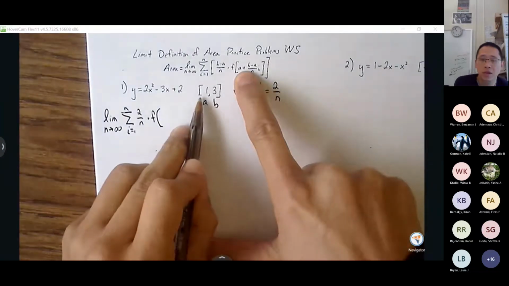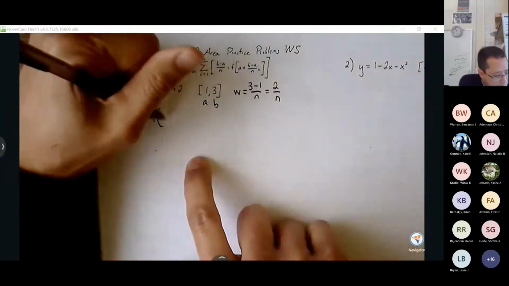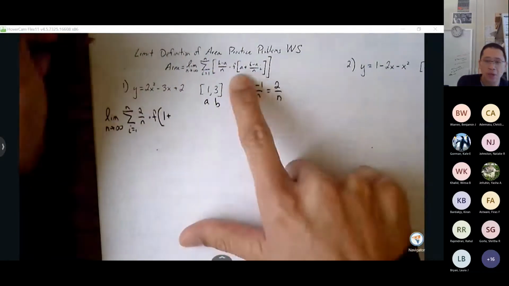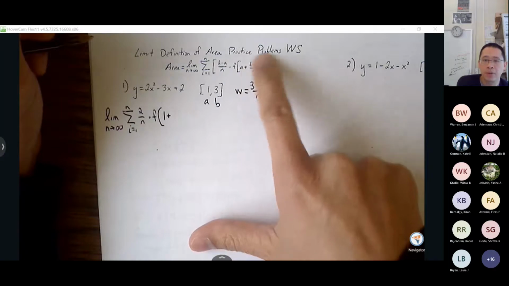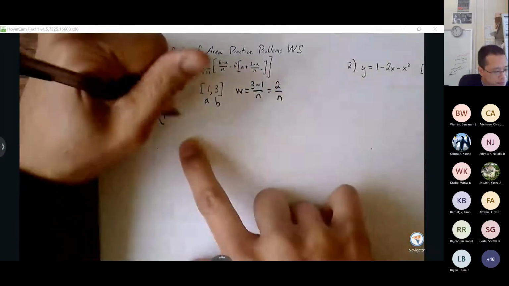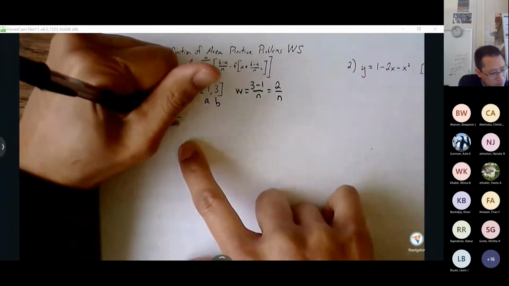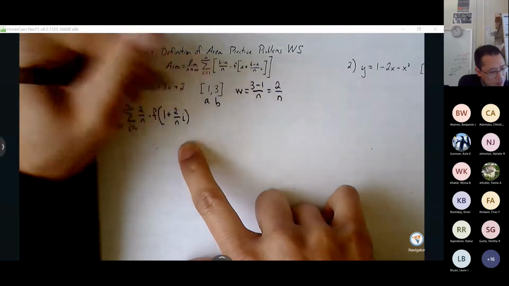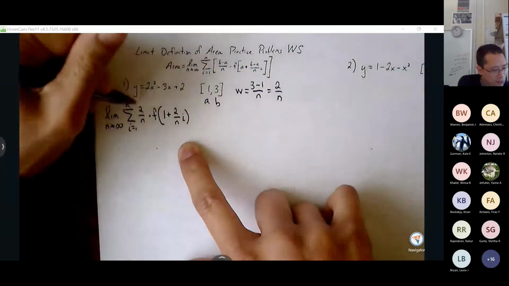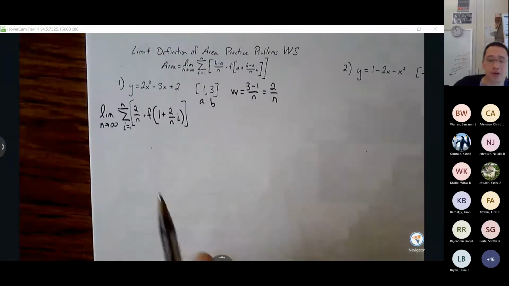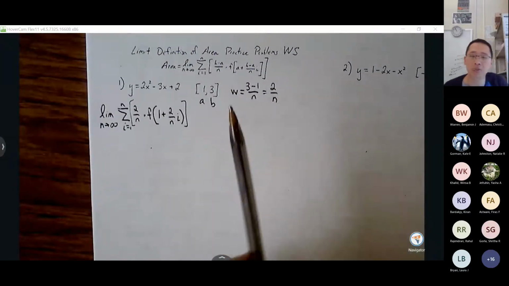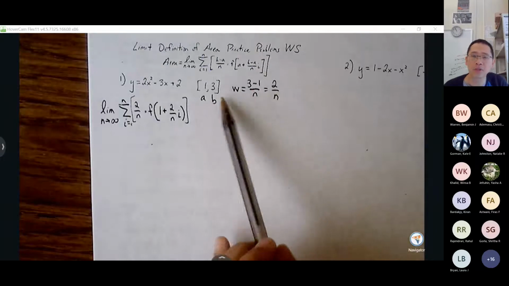Our a is our left endpoint, which is 1. And starting with 1, as we increment to the next interval we keep adding the width, right? Okay. Any questions so far? All we did right now is replace all the A's and B's with 1 and 3.